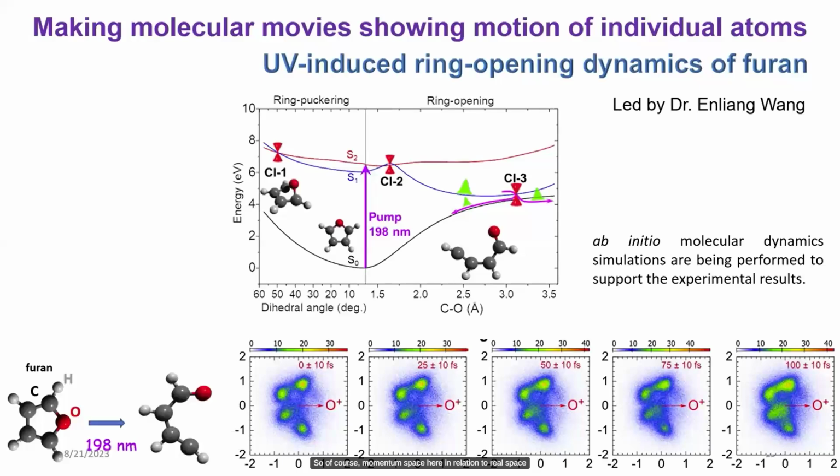Of course, inversion from momentum space to real space would be much better. We are working on that, and we also have initial population to elucidate more of the experimental result here.